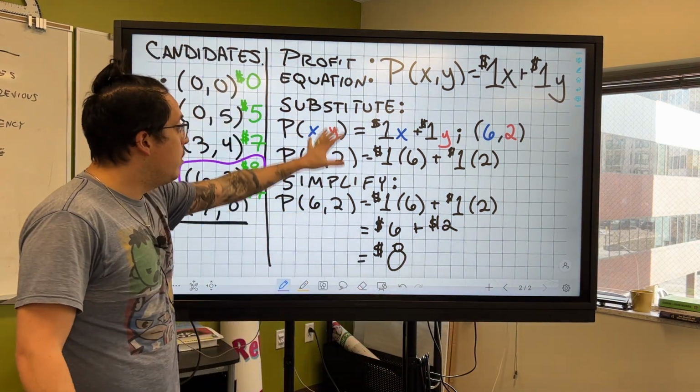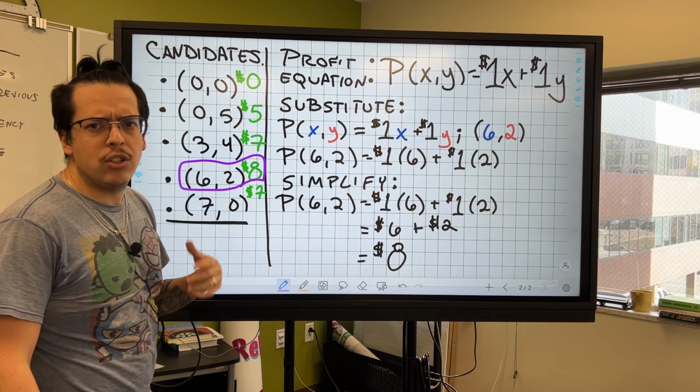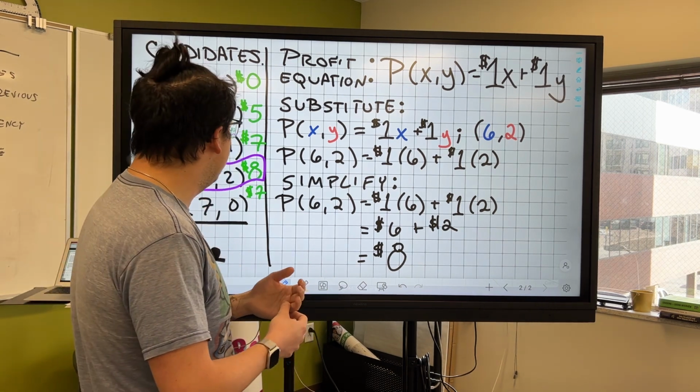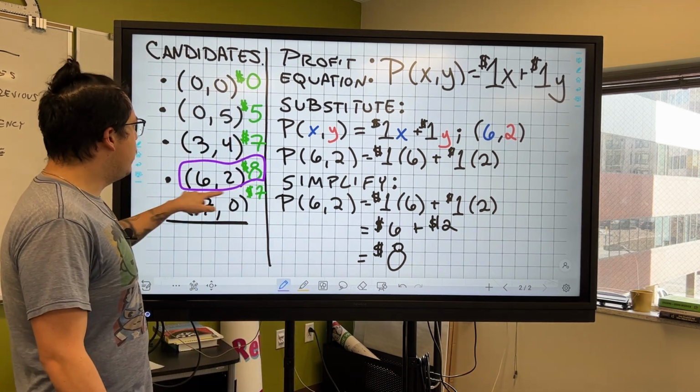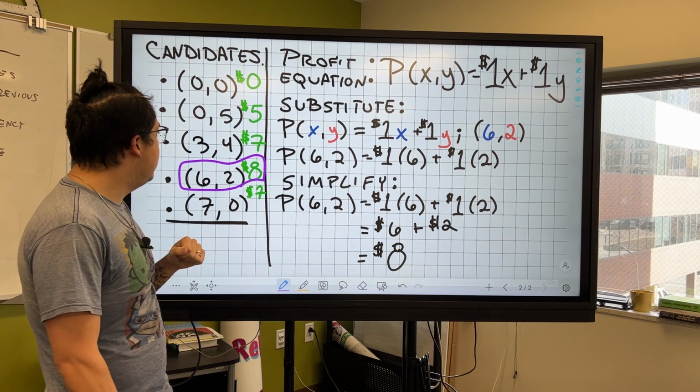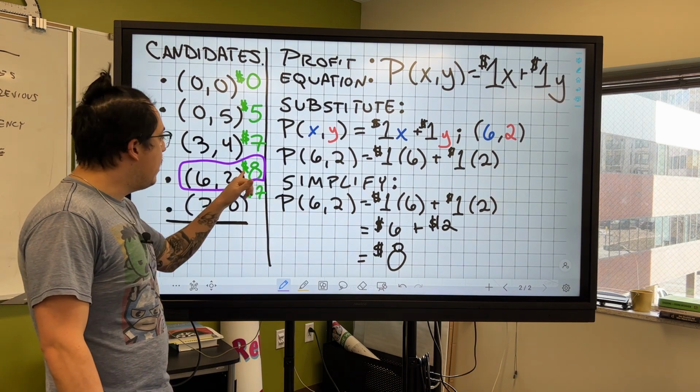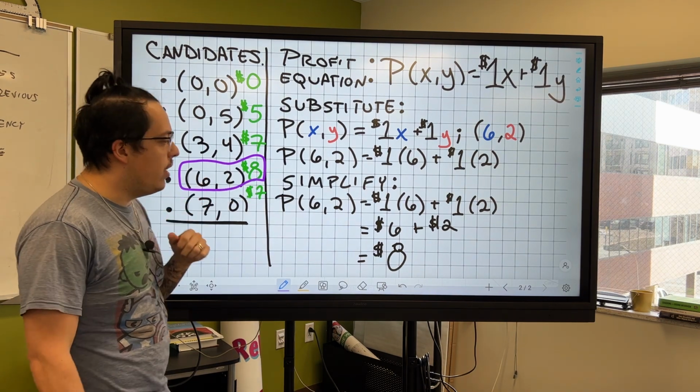We're able to really simplify this process, make it straightforward, recognize patterns, and quickly determine that our maximum profit is $8 when we make 6 cars and 2 trucks.